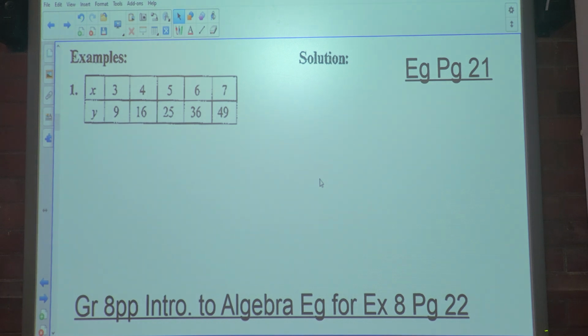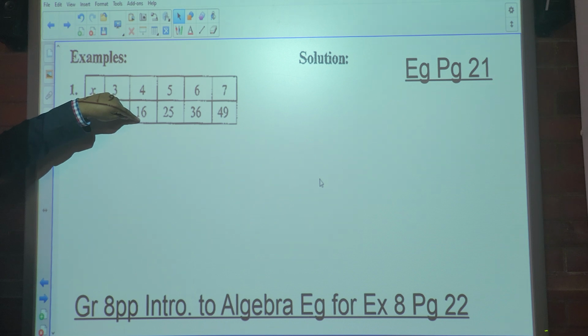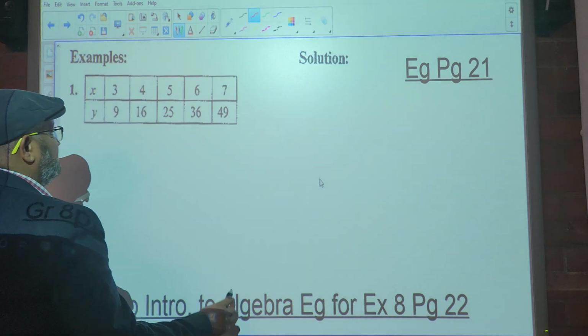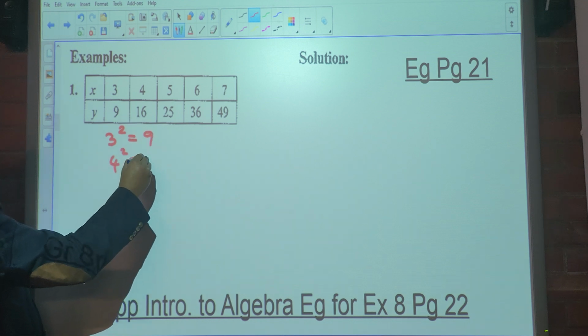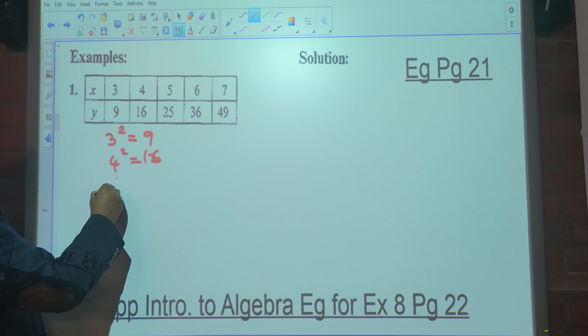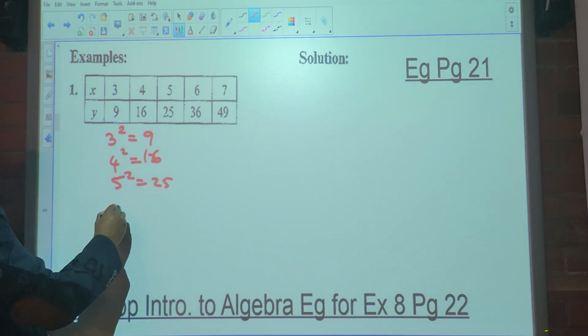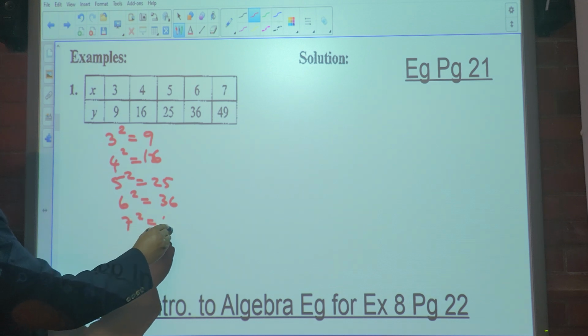Squared. It's squared. So it's squared numbers in other words. So in other words, this is 3 squared is 9, 4 squared is 16, 4 times 4. So 5 squared, which is 5 times 5 is 25, 6 squared is 36, 7 squared is 49.